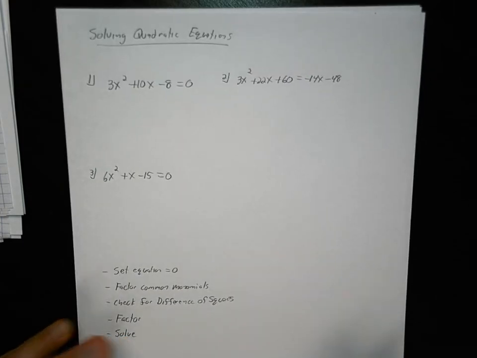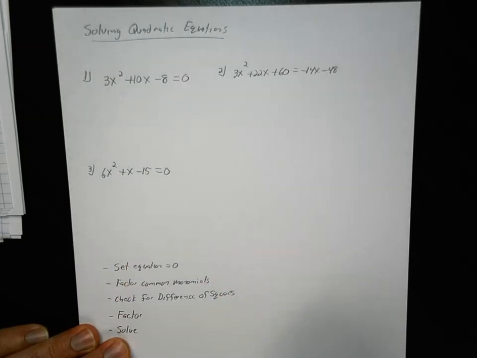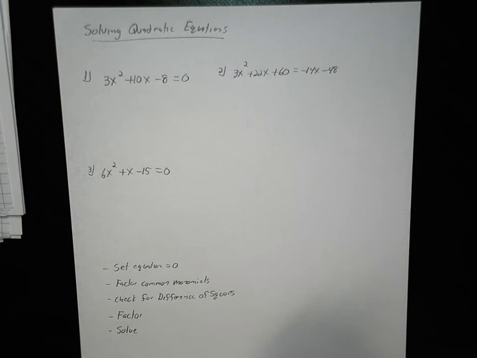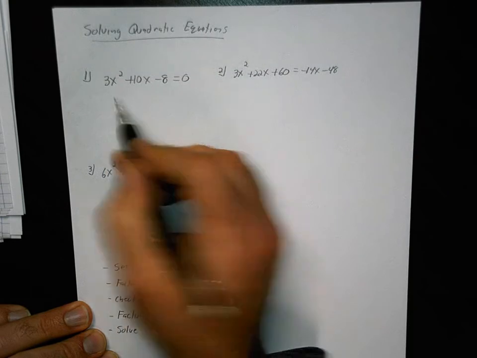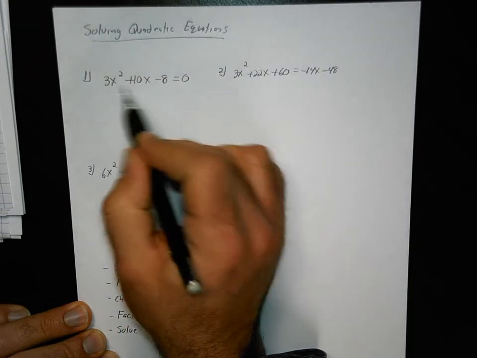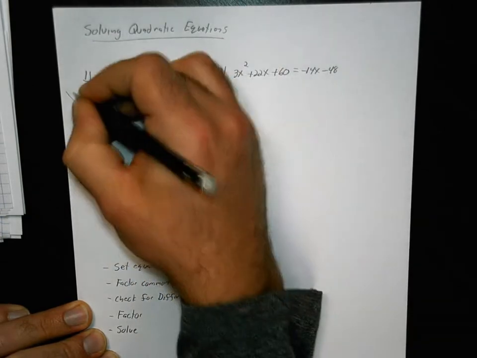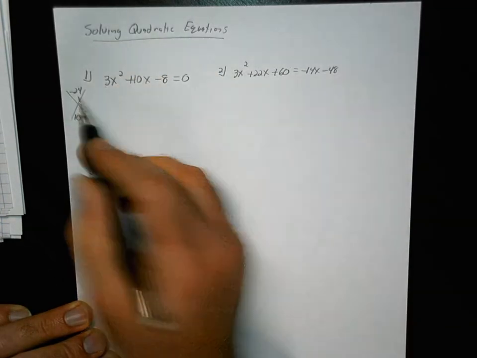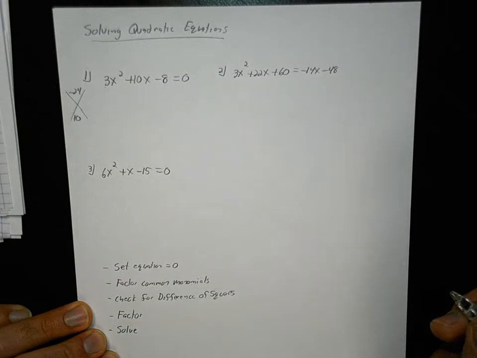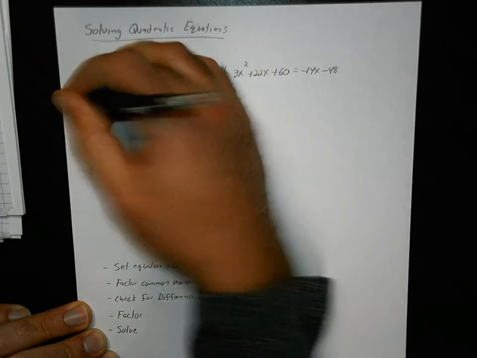Solving quadratic equations. Okay, this is the same as the last section. If I can factor this into two binomials, I can set each part equal to 0 and solve these. So let's do this one first. Let's do factoring by grouping. 3 and a negative 8. Do the diamond, so that's negative 24 and a positive 10. Okay, so what multiplies to get negative 24 that adds up to 10? I think it is negative 2 and 12.